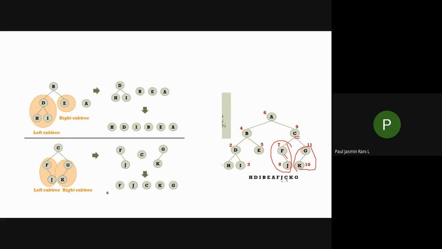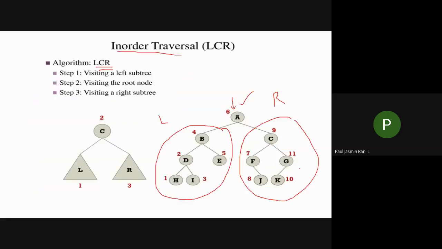Always remember that in in-order traversal, your rule is that you first visit the left subtree. Next, you visit the root. Next, you visit the right subtree. When you're clear about the left subtree, right subtree, and root element, then you can solve this problem. Don't think that this one alone is the root.